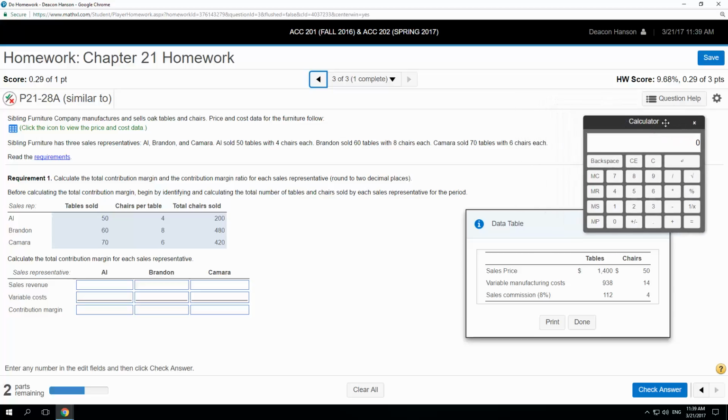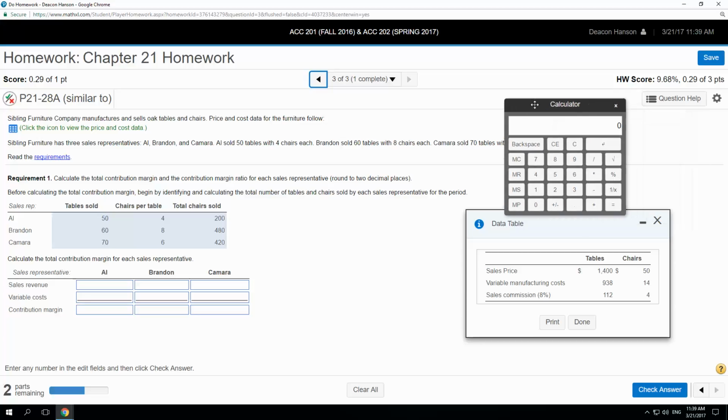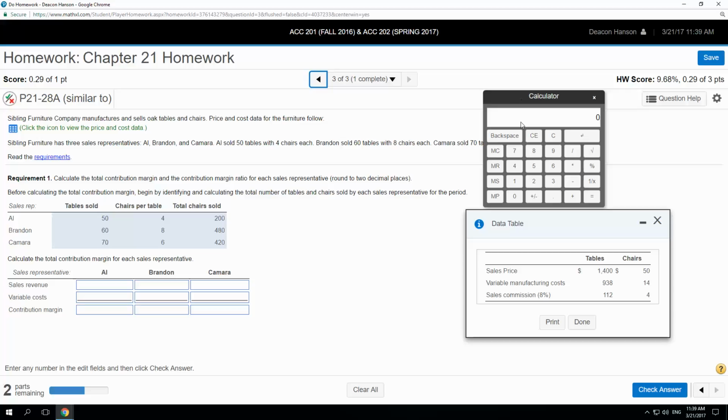Now it says calculate the total contribution margin for each sales representative. So we're going to do the revenue, and then we're going to figure out variable costs. Then the difference between revenue and variable costs will be the contribution margin.